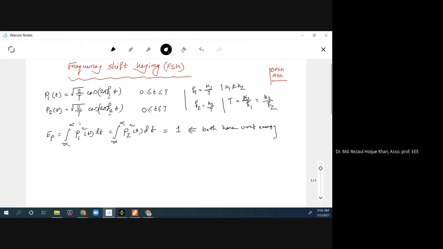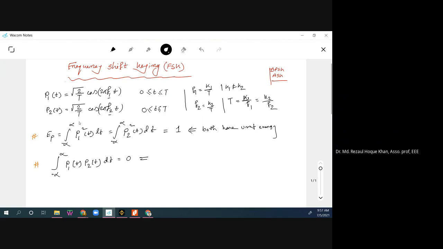Also, the inner product of these two, the integral from minus infinity to plus infinity of P1 t and P2 t dt, is 0.